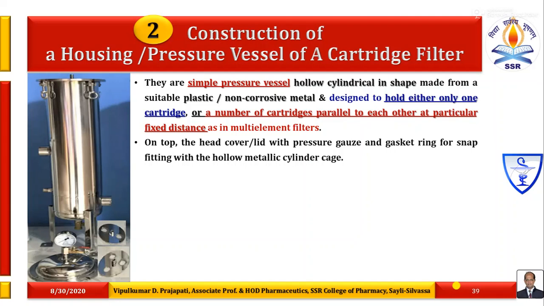On top, the head cover or lid with pressure gauge and gasket ring for snap fitting with the hollow metallic cylindrical cage.